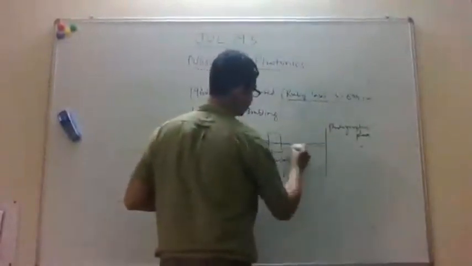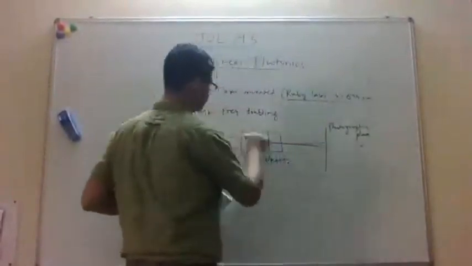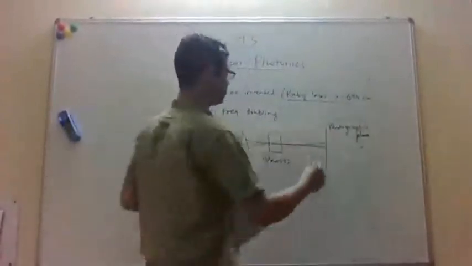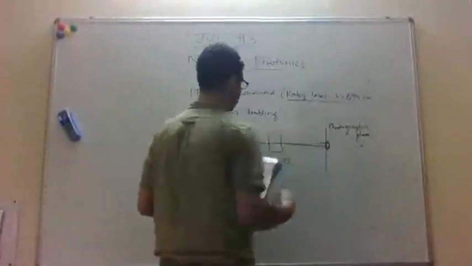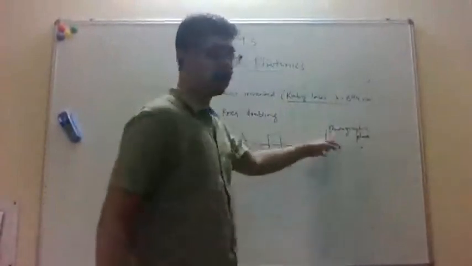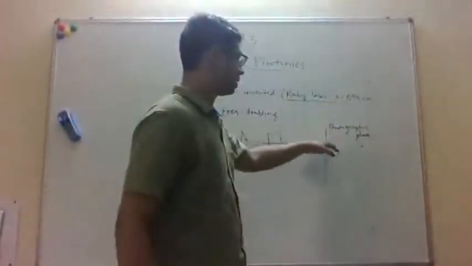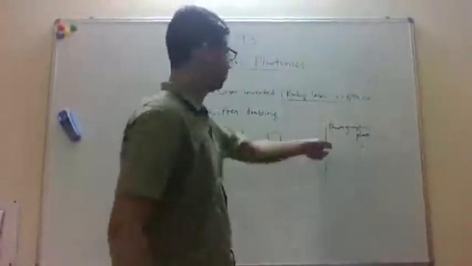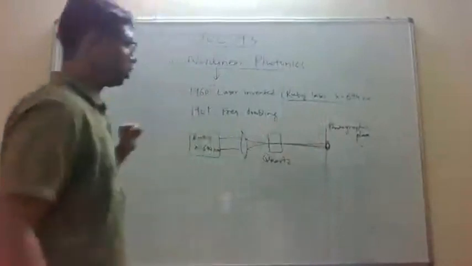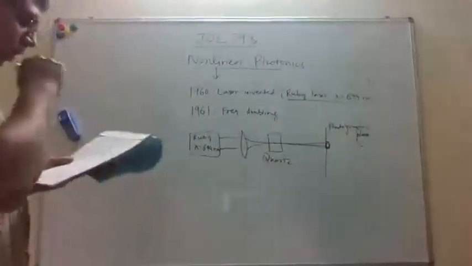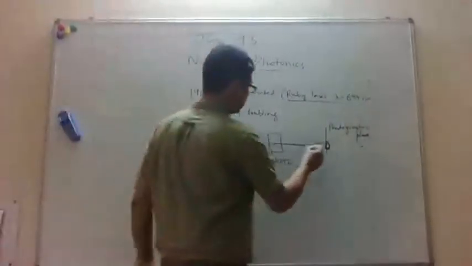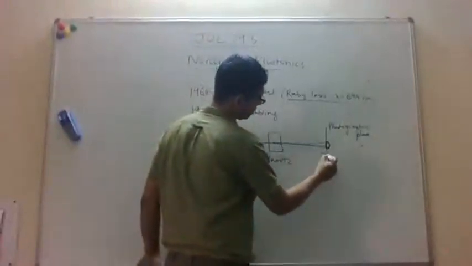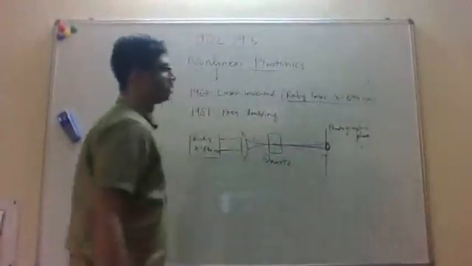If you just have a linear effect, then what you will see is basically just the main laser beam coming out, so you will see a bright spot here. There might be some speckle on it, there might be some absorption and scattering, but basically you see the same wavelength at the output. But what they saw was at a slight angle to this, a very, very faint spot.